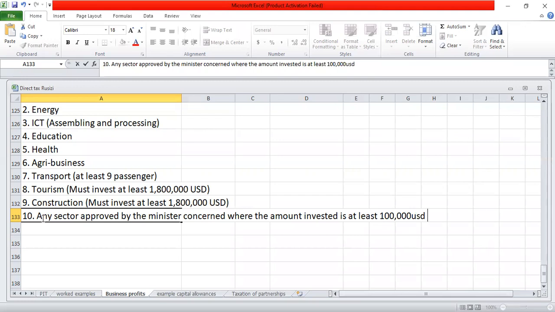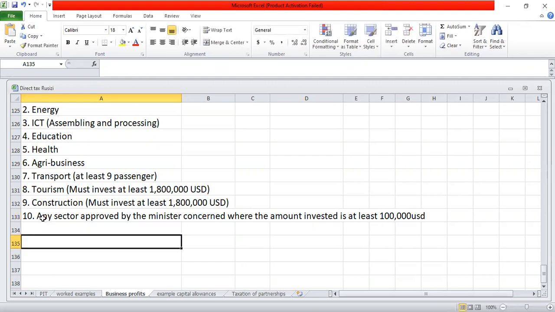So any sector which can be approved by the minister concerned, I think Minister of Trade or Minister of Finance, and the amount invested is at least 100,000 USD, that can also be considered as a priority sector.